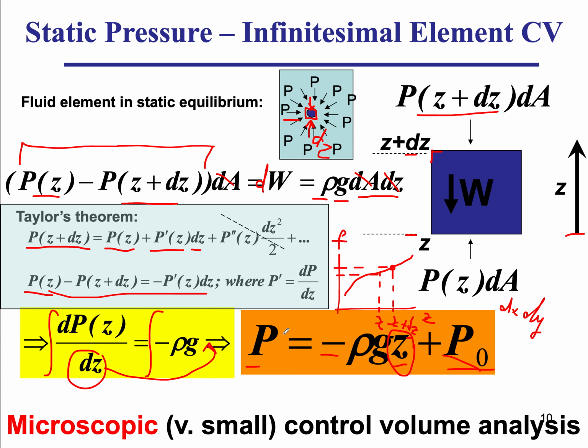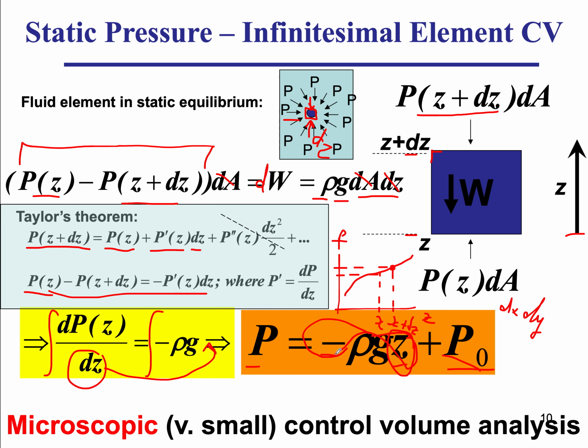So P0 is the pressure at z equal to 0. This is the exact same relationship we got from the previous macroscopic analysis, except now the only difference is the minus z.